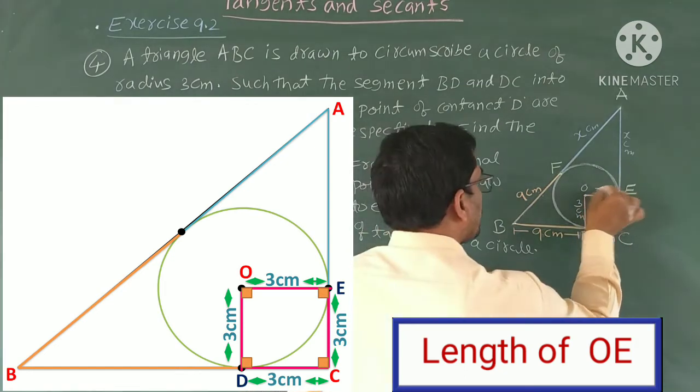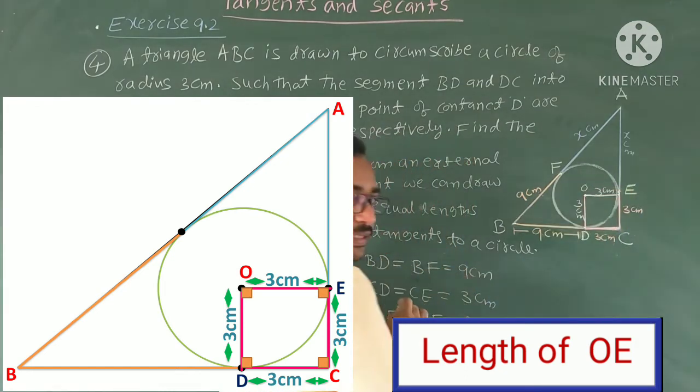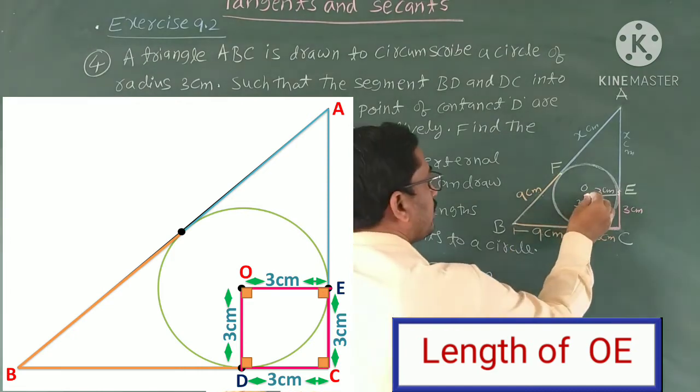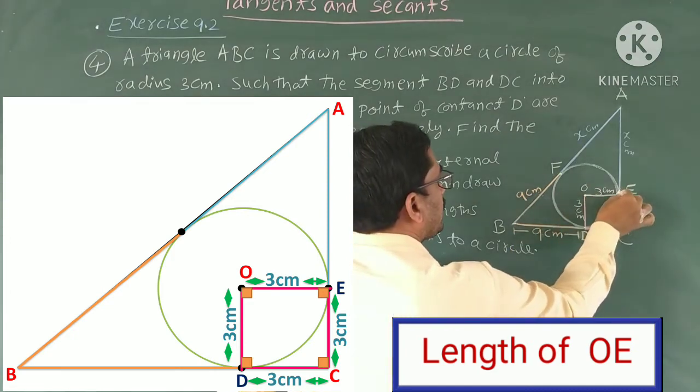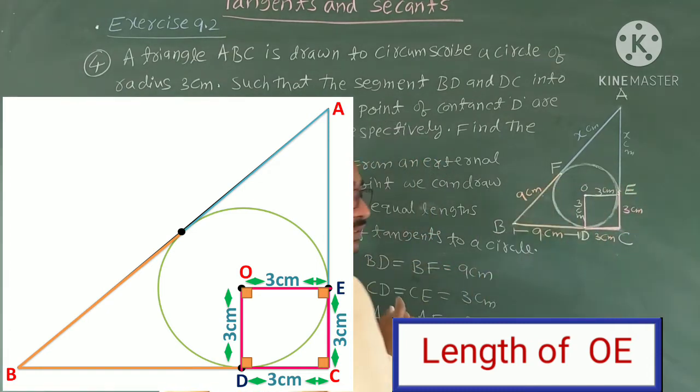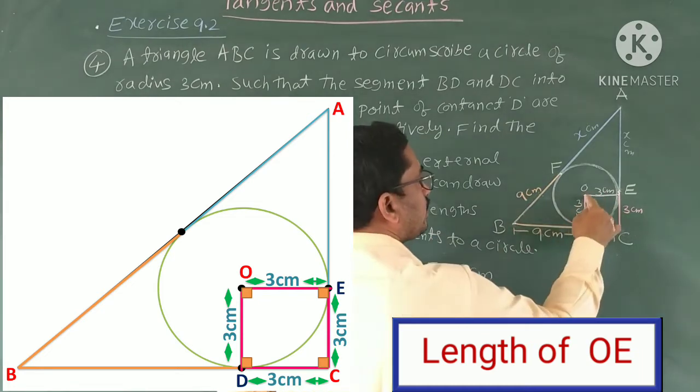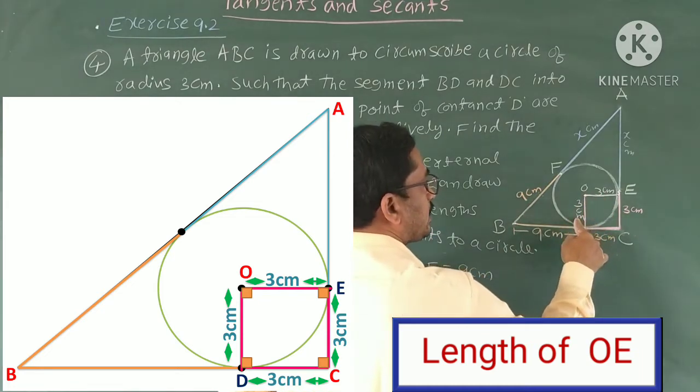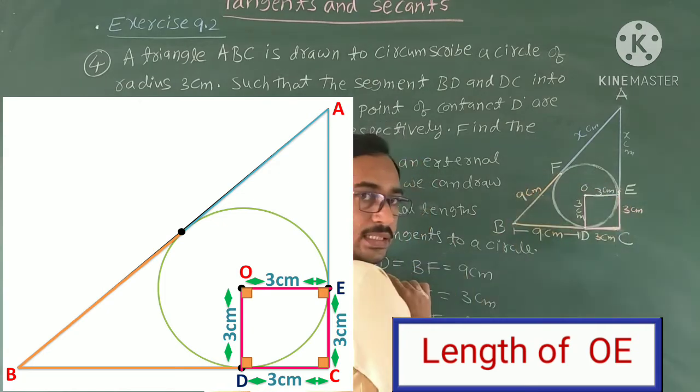CE also 3 centimeters. Why CE 3 centimeters? Because it is a radius. The line segment joining center to any point on the circle is its radius. So already given the radius 3 centimeters, then here also it is 3 centimeters.